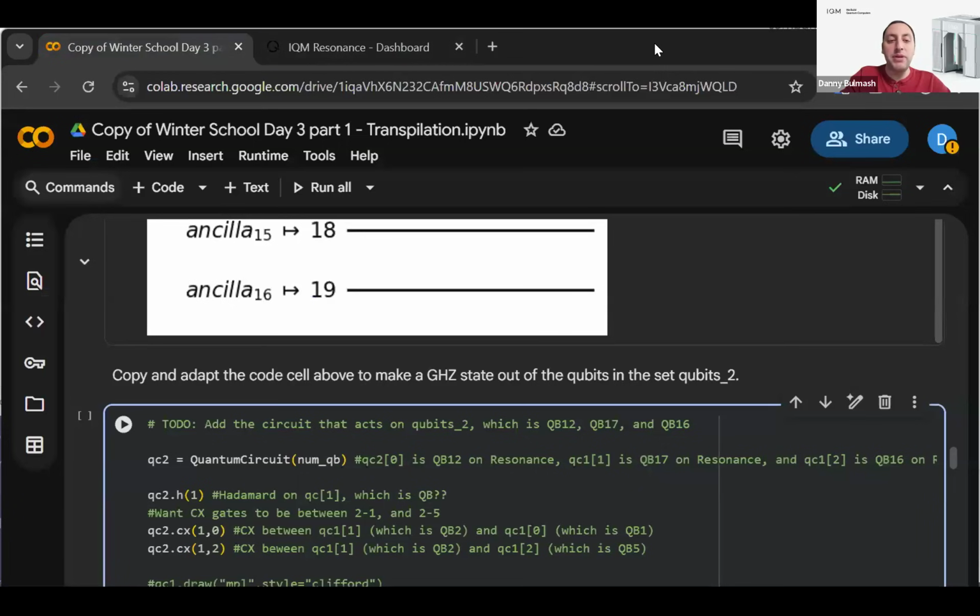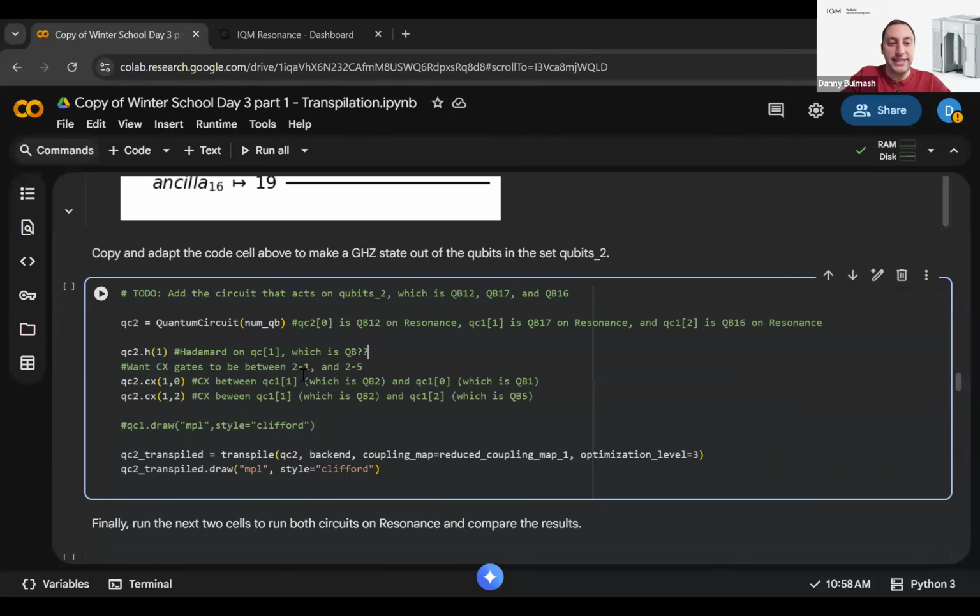So we should probably make it so that qubit 17 gets connected to qubit 12, and qubit 17 gets connected to qubit 16, because those are the ones that are physically connected. So now we just have to make sure that we're applying the CX gates in the right place. Qubit 17 is the second one in the list. So that's QC2 number 1.